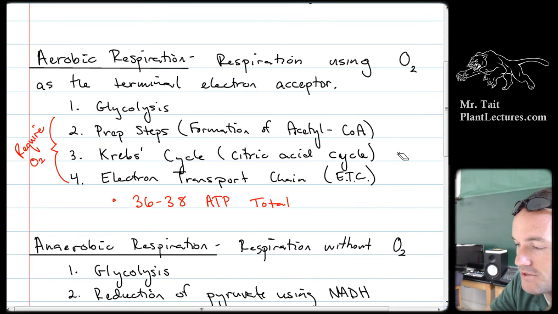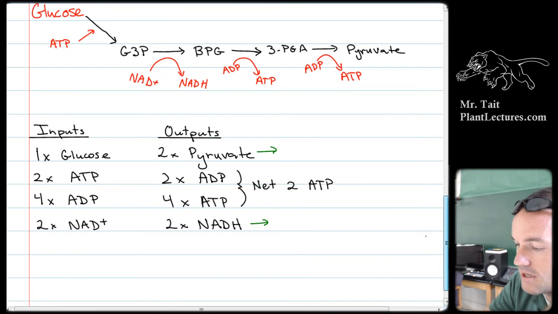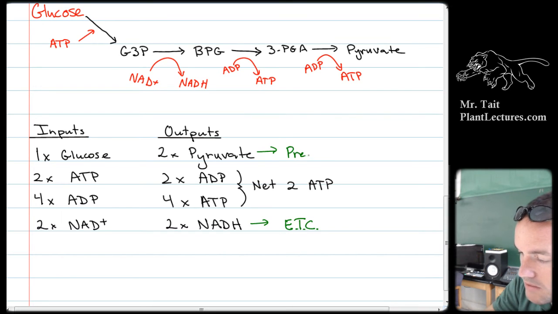You're going to use high energy electrons in the electron transport chain. So this is going to go to the ETC. The pyruvate is going to be used in the prep steps. Okay? Questions so far?